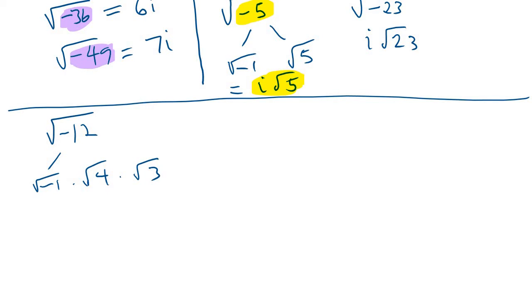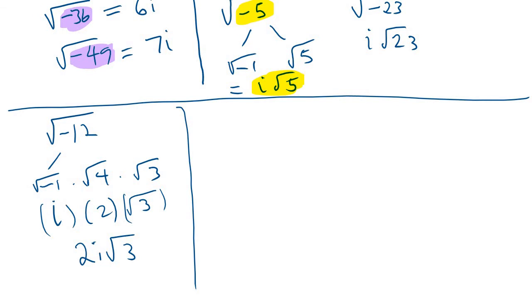Now this part we know as i, this part we know as 2, and root 3 cannot be broken down anymore. We keep it like that. So this is going to be i times 2, which is 2i root 3. That's how you deal with the ones that have perfect square factors.